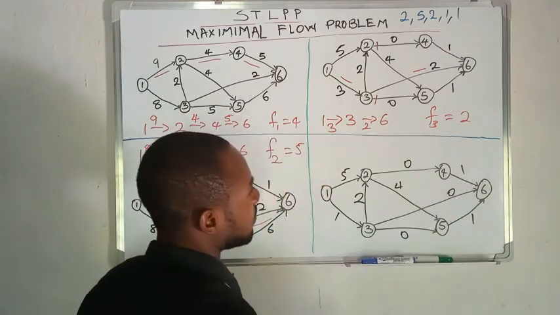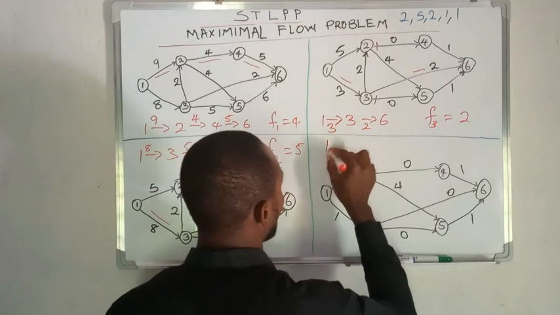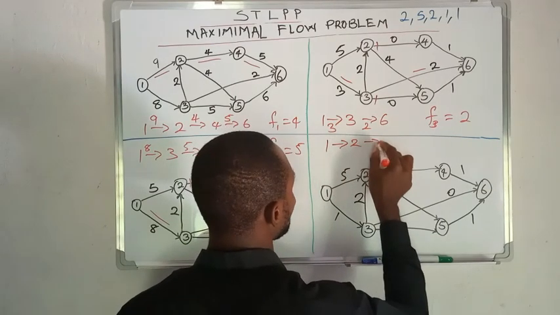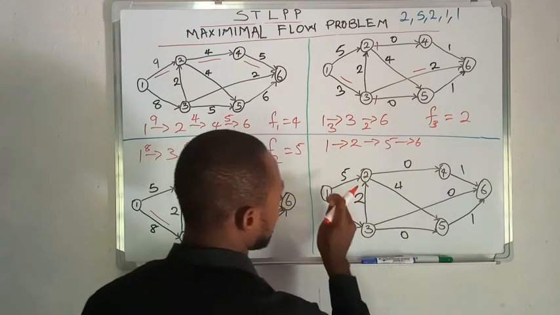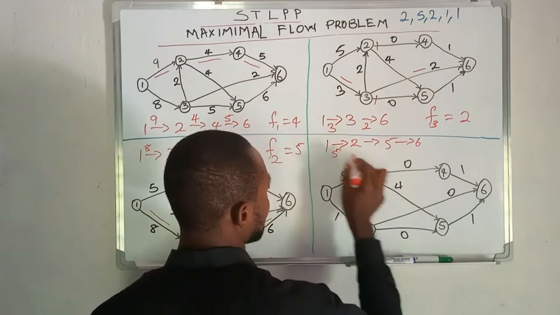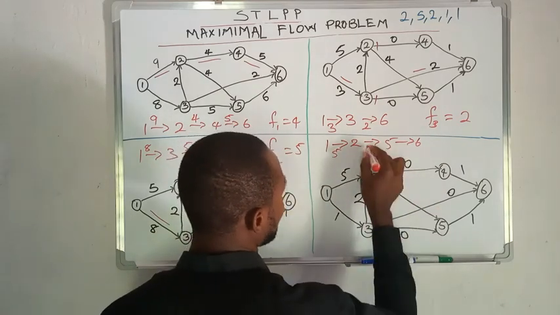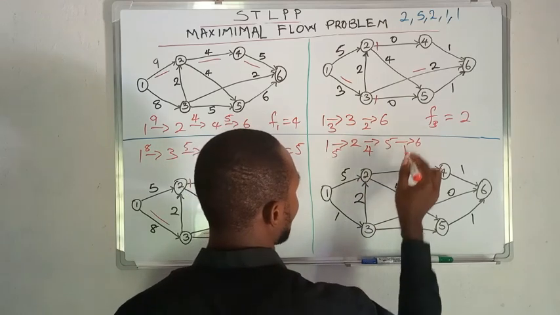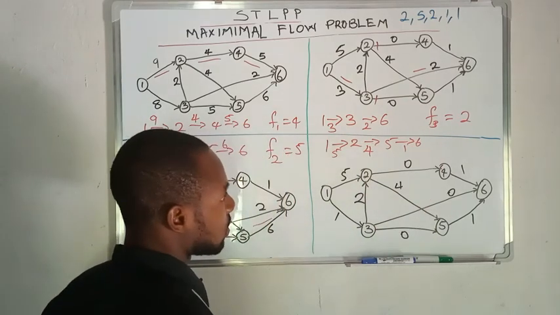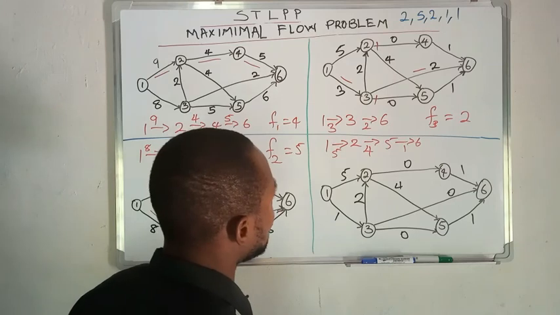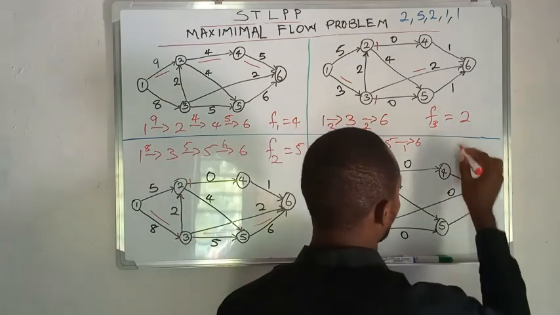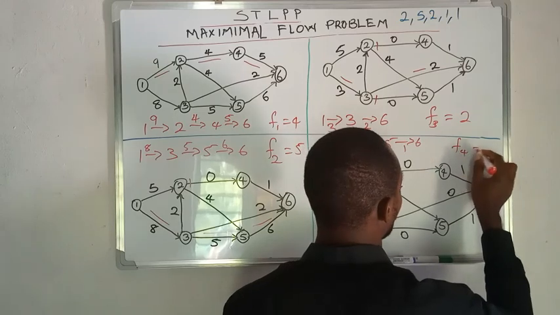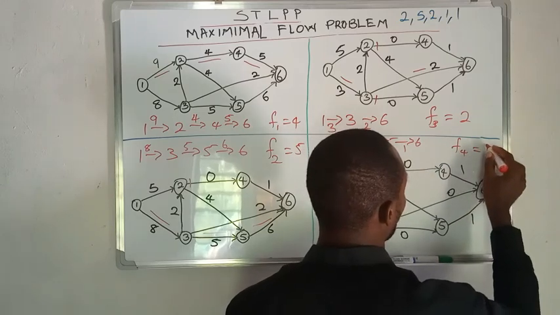So we have 1 to 2, 2 to 5, and from 5 to 6. From 1 to 2 is 5, and then from 2 to 5 we have 4 here, and here we have 1. So we pick the smallest among the capacities, and that's our F4, and right here we have 1.